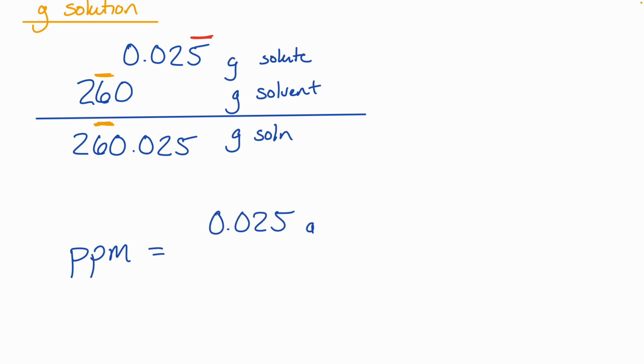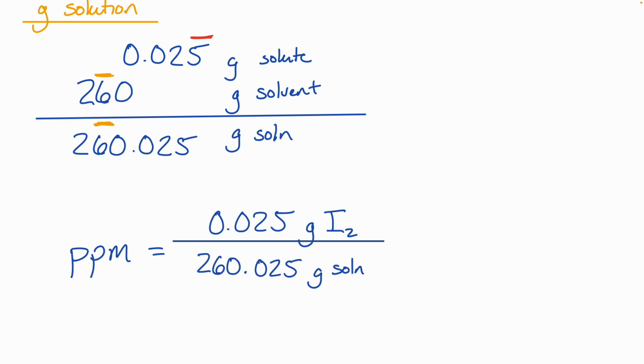0.025 grams of our solute, I2, divided by that 260.025 grams of solution. I'm going to keep my sig fig marked so that I know my denominator only has 2.